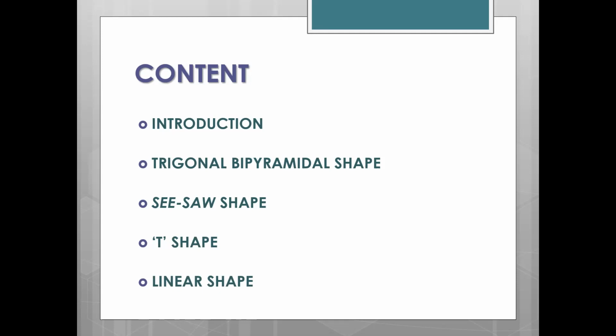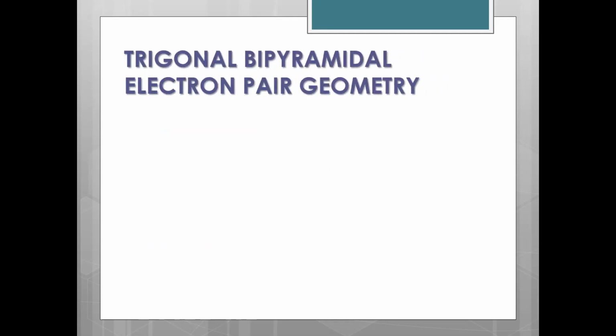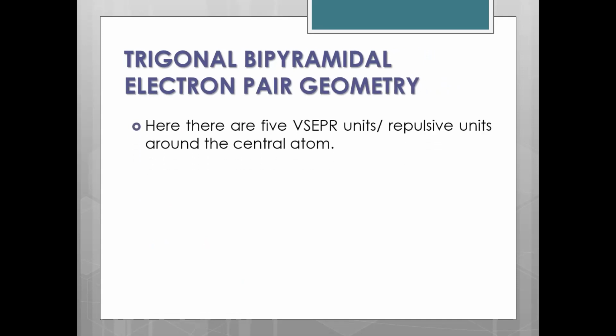Let's move on to the interaction now. Trigonal bipyramidal electron pair geometry: here, there are 5 VSEPR units, repulsive units, around the central atom.